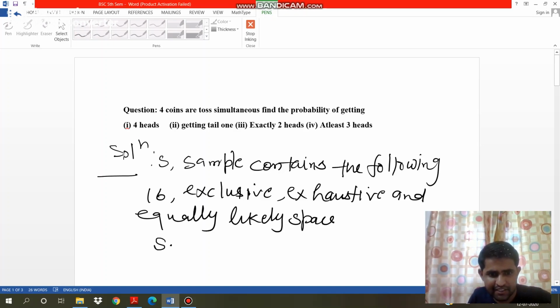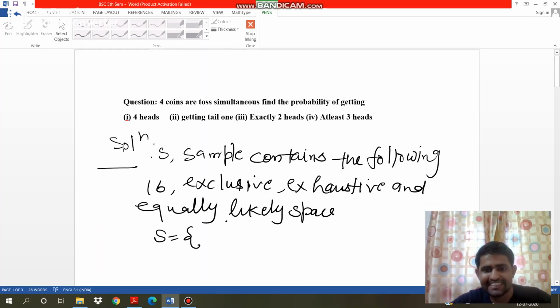Then we can say the sample space contains 16 events.